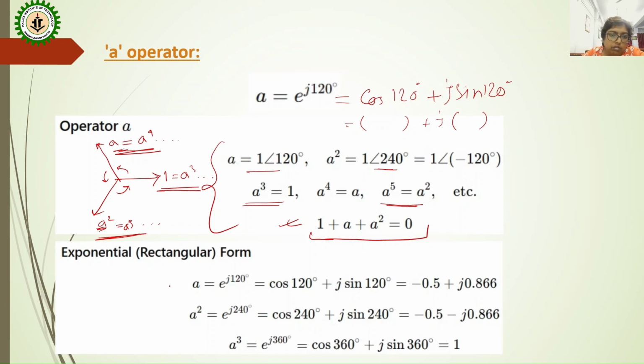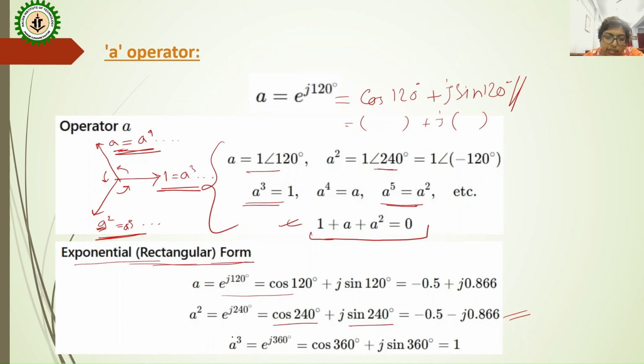Okay, now this A can be represented in the exponential form or rectangular form. So that is A equal to e to the power j 120. That is the first we discussed here, and just putting the magnitude of them, and A square, that means e to the power j 240. A square means the angle is 240, so cos 240 plus j sin 240, just putting their magnitude here, we have these values.